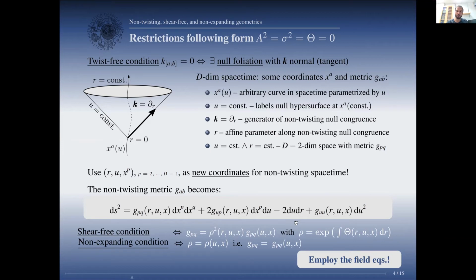And moreover, this dependence is exactly given by expansion. So for non-expanding geometries, you will end up with r-independent metric of this transverse d minus 2-dimensional space.